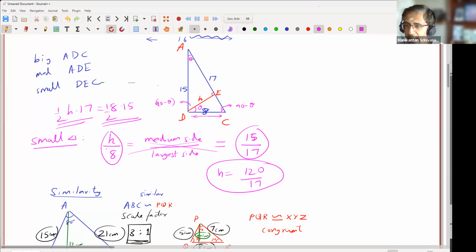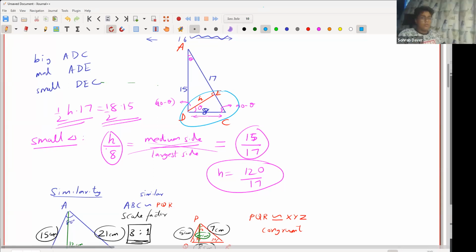So I'm trying to bring a connection between H and 8. How are they related? H is to 8 in the medium triangle. If I focus on this medium triangle, H is the medium side, 8 is the largest side, which is the hypotenuse. In the smallest triangle, which is DEC, H is the medium side, and DC is the hypotenuse. H is to 8.